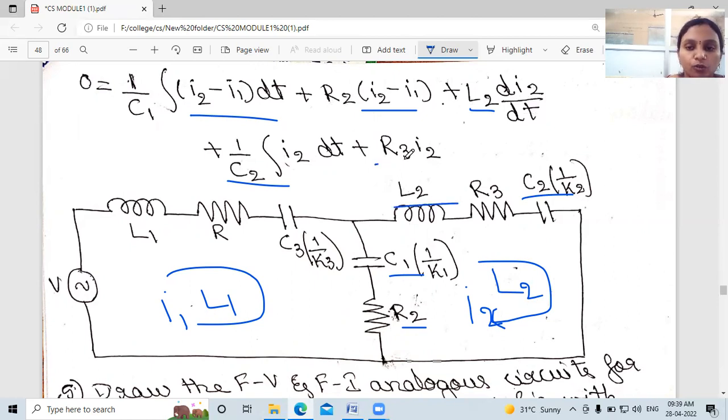According to the loop equations, you should get this circuit.